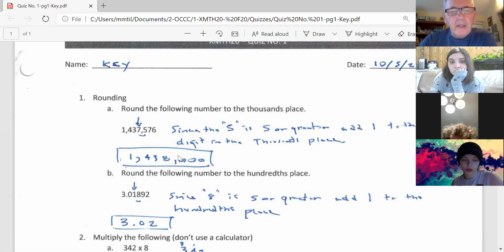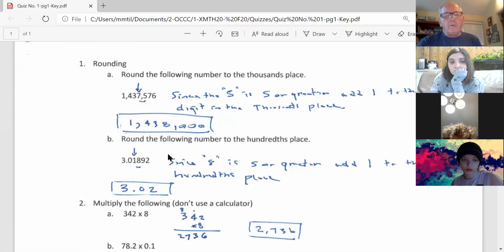They're all like that. And let's look at this one, rounded to the hundredths place. So this is the decimal, right? It's 2 places to the right of the decimal point. It's a 1. So what am I going to do in that one? You're going to look to the right, just like you did on the one up here, and it's an 8, so it's greater than 5.